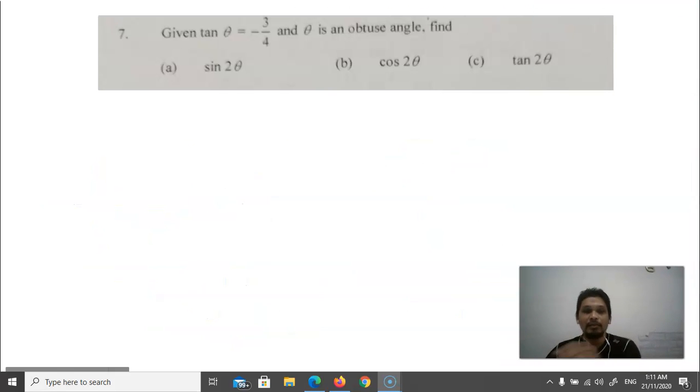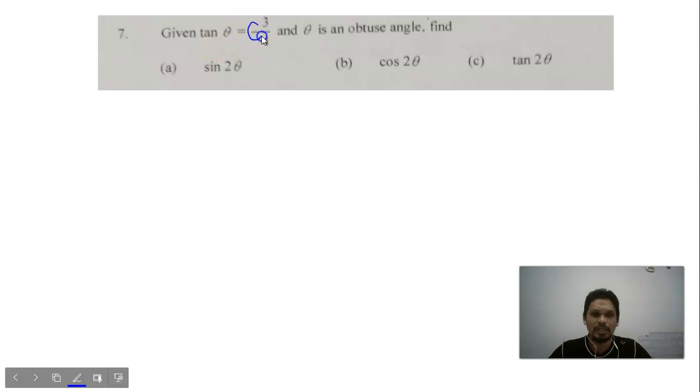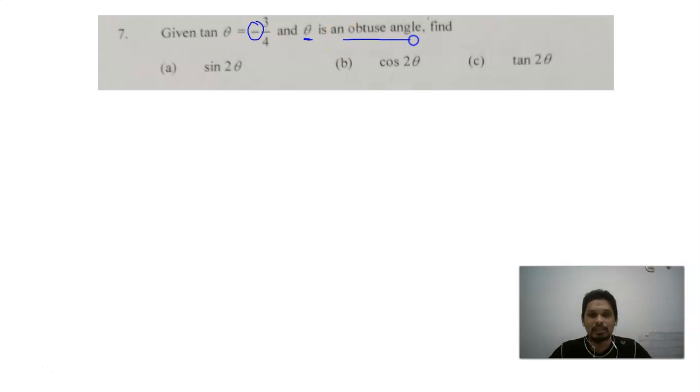Okay, now I choose question number 7 here: tangent theta equals negative, and theta is an obtuse angle. Let's refresh. In which quadrant does tangent theta give you a negative value?